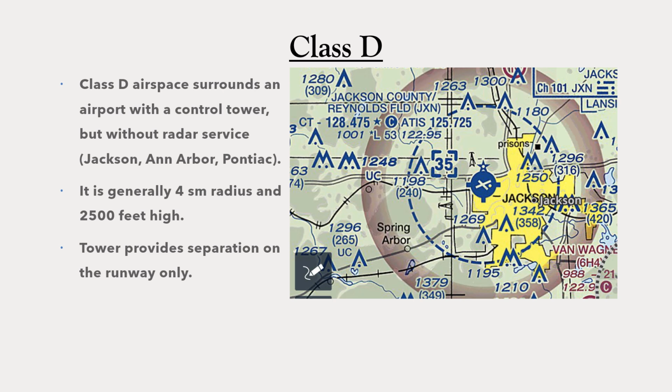But they sequence people in, and decide which airplane should land first if there are multiple ones approaching the same airport. So the standard cloud clearance and visibility rules apply in Class D. There's no reason why it should be any higher or any lower than the standard.